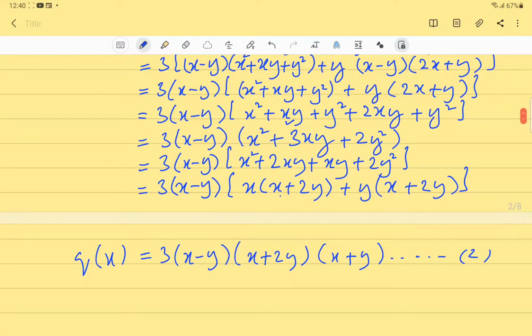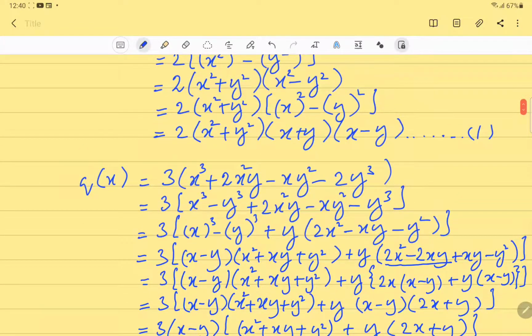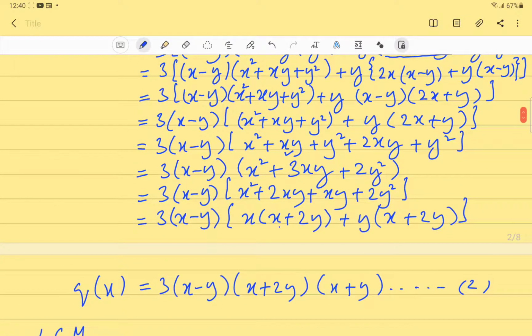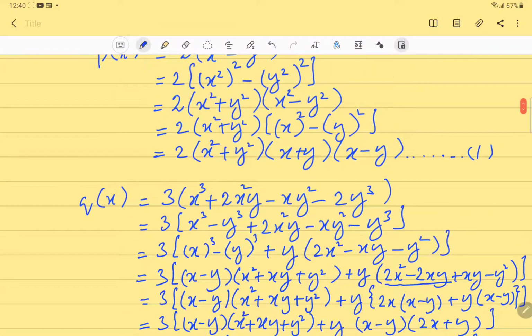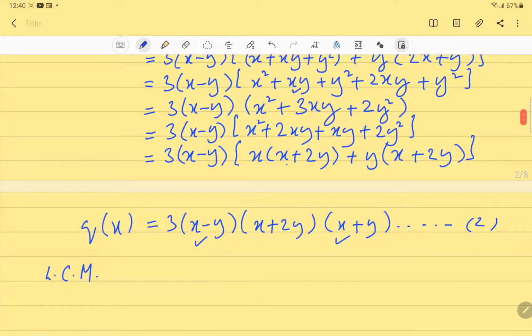Now we have to write the LCM. In the first expression, do we have anything common in both? Yes, we have x minus y and x plus y. So these are common terms. We will write first x minus y into x plus y.